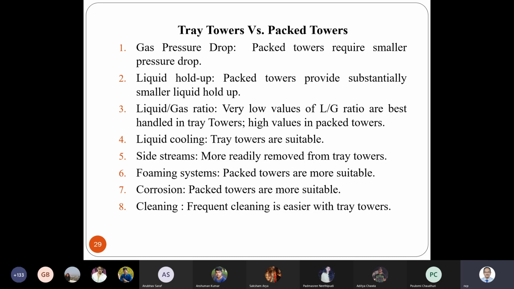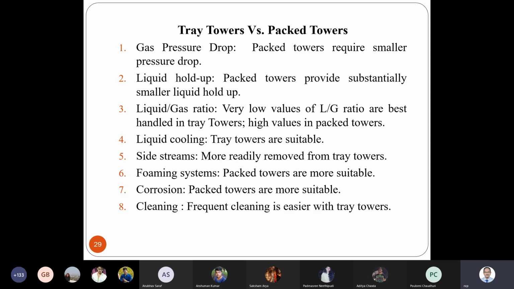Obviously we always go for the low cost equipment, but these are the other process parameters which will guide you in selecting the best tower for your service, whether a tray tower or a packed tower will be suitable.